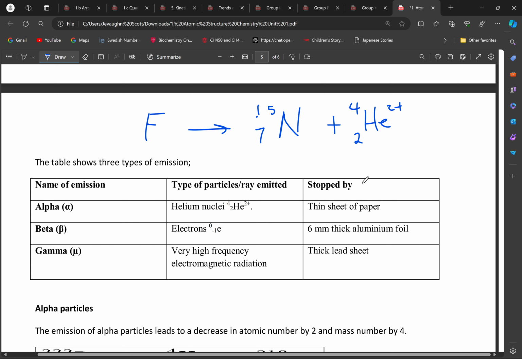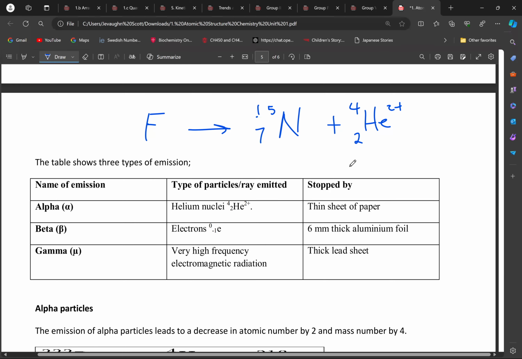As you stated, one of the neutrons is changed to a proton. Is that what you stated? No, I just said the atomic number can change from 9 to 8.